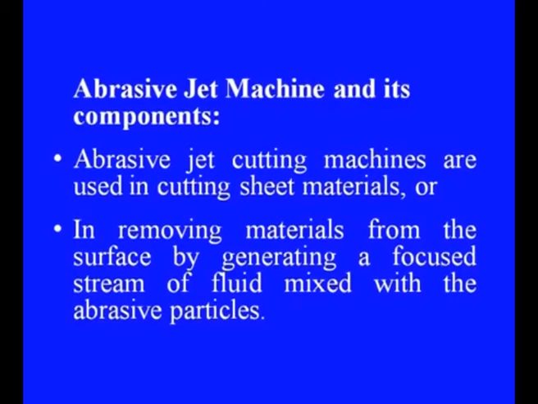Abrasive jet machine and its components. Abrasive jet cutting machines are used in cutting sheet materials or in removing materials from the surface by generating a focused stream of fluid mixed with the abrasive particles. They make use of compressed air as the driving fluid in order to propel the abrasive particles.